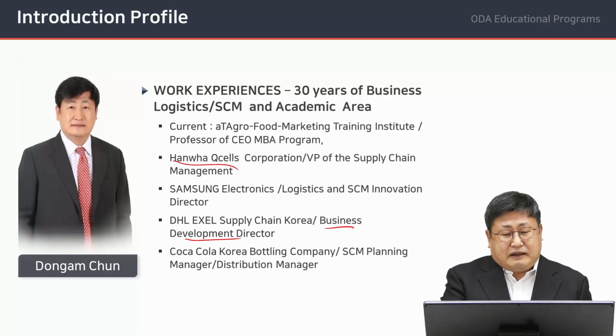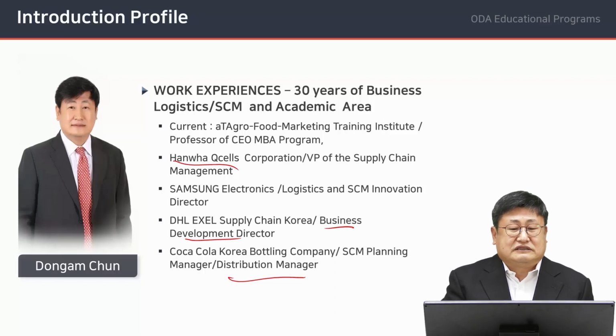And I was at Coca-Cola Korea Bottling Company, as assistant planning manager and distribution manager. I conducted lots of projects while working there, like warehouse locations, route planning, and production planning.